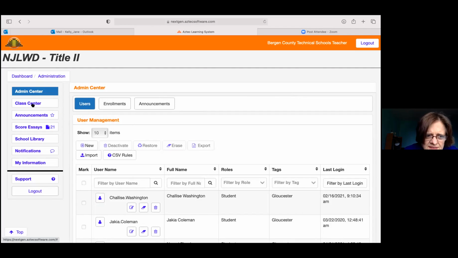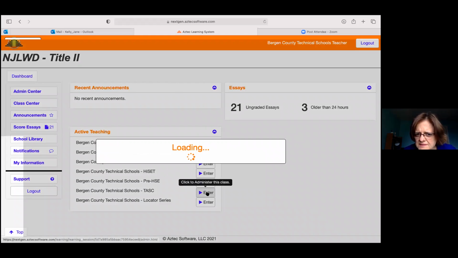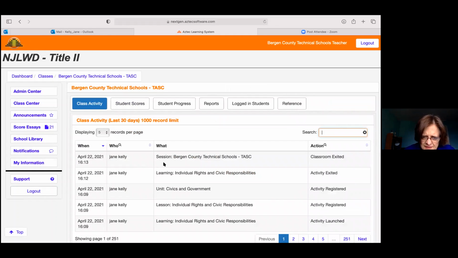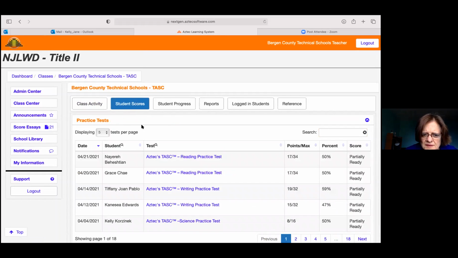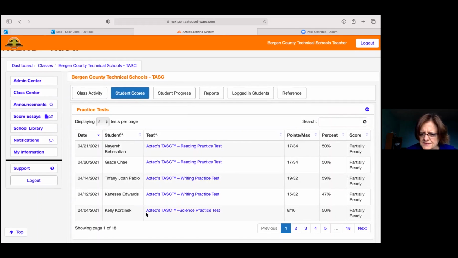So you can see things. Let me go back to the dashboard. So you could grab a class and you could see what's been going on. I've been jumping around a lot, but I could see student scores. So I can see that these students were doing their practice tests, and you can see how they did, and you see that I'm partially ready, but I'm thinking once I hit 50, I'm pretty fine.